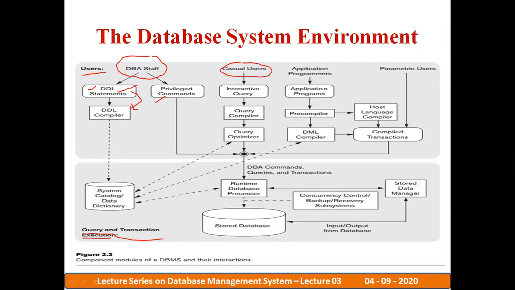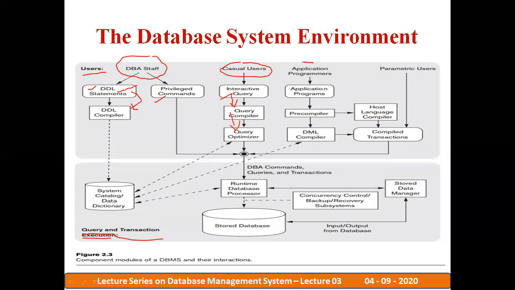Using that, they will write the query. That query will be sent to the query compiler. As I said, whatever the query or statement, it must be compiled. After that, the compiled query will be sent to the optimizer. Why is it sent to the optimizer? To increase the performance.